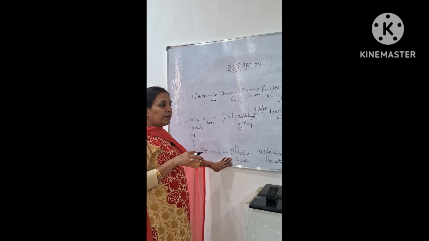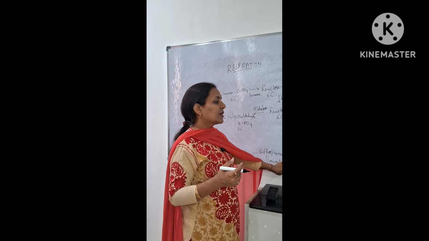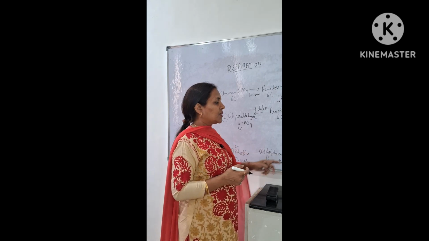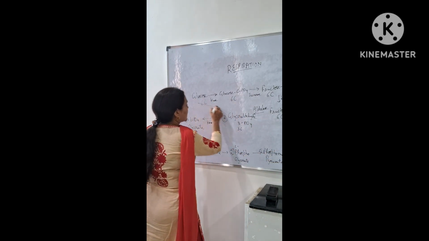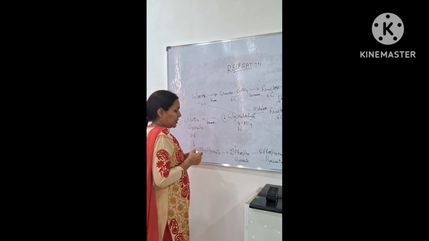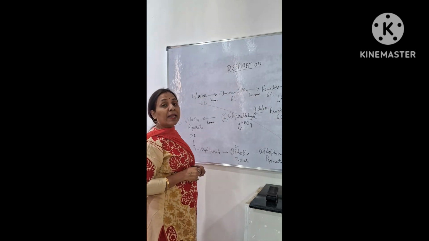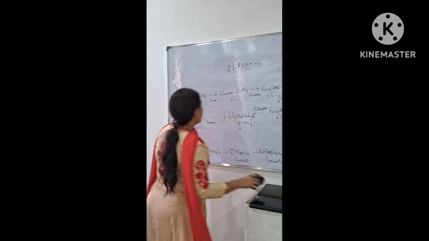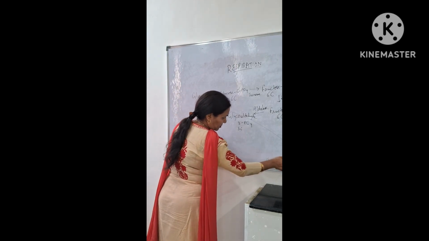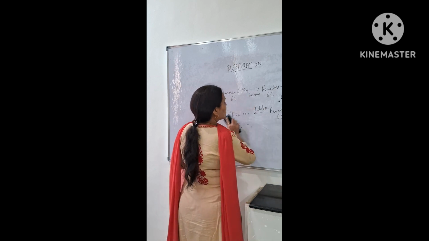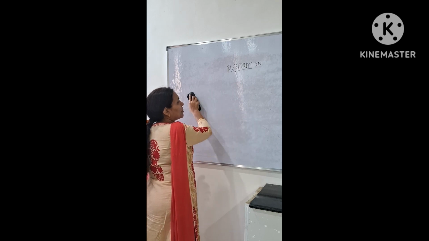Then we'll have enolase, and finally we have pyruvate kinase, which converts glucose finally to pyruvic acid. In 10 steps this process is being completed, and overall the process is referred to as glycolysis. Why? Because one molecule of glucose is getting broken down, or transformed, to form 2 molecules of pyruvic acid or pyruvate.